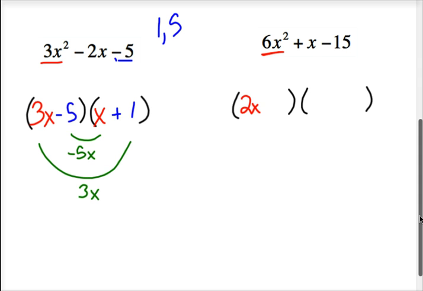You can have 2x and 3x, or you can have 6x and x. So sometimes there is a possibility that there's going to be multiple possible structures based on that squared term. What that means is you have to try both of them out.